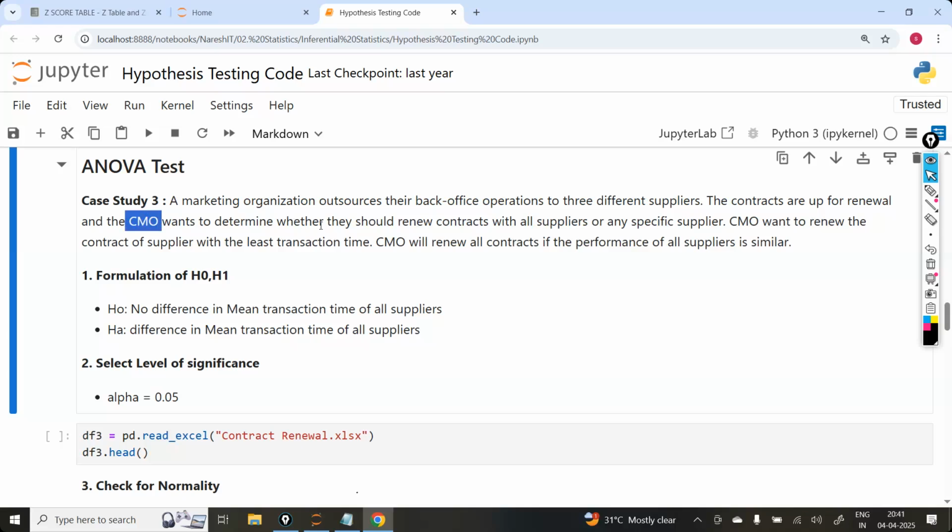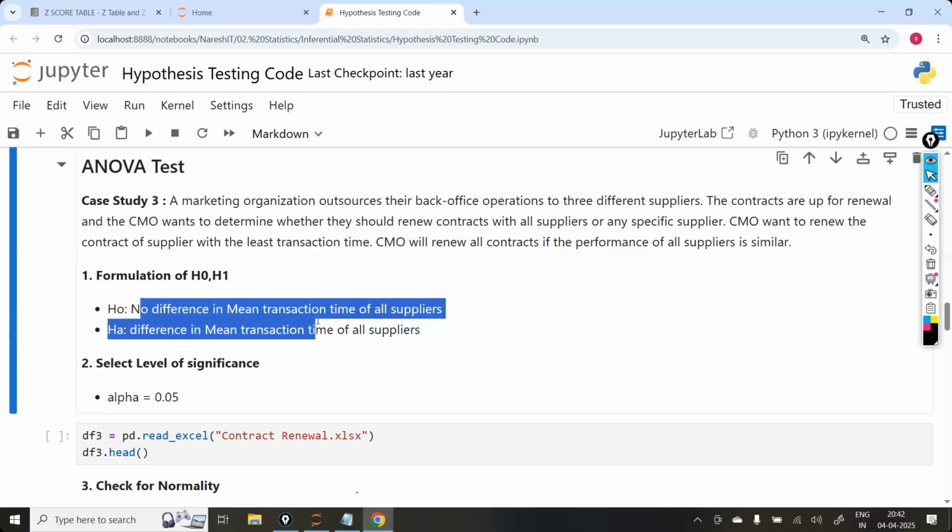The CMO wants to determine whether to renew the contracts for all the suppliers or for a particular supplier. The CMO wants to renew the contract of the supplier with the least transaction time. If all the contracts are in the same range, he will renew all the contracts. Now, what are the null and alternate hypotheses?